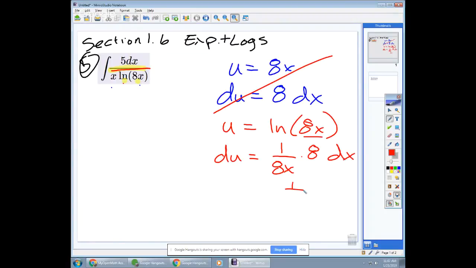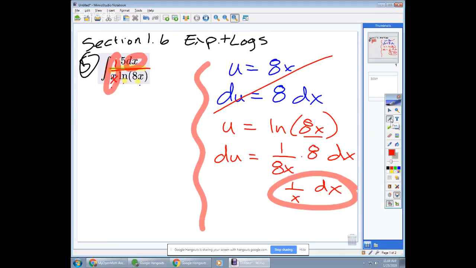So it would just be 1 over x dx. Okay. Now, cool thing here is I have a 1 over x sitting right there. Cancels. Okay. So my du in this case is here and there. So now I go in and start replacing stuff.